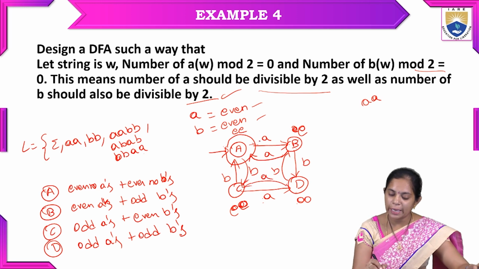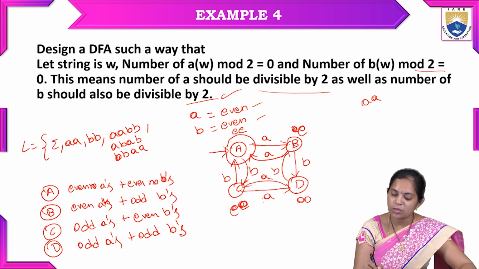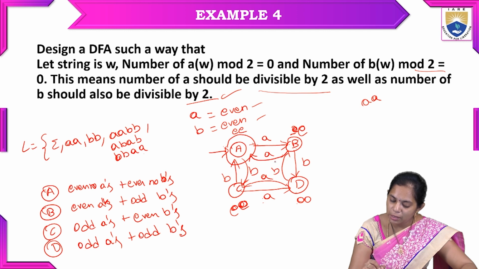So if you observe A, it is reaching the B state, which represents odd number of A's. With the B here, if you give B as an input symbol, it is reaching the state, so B is an even number.